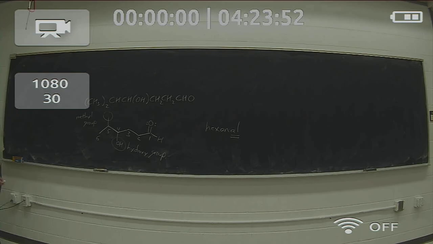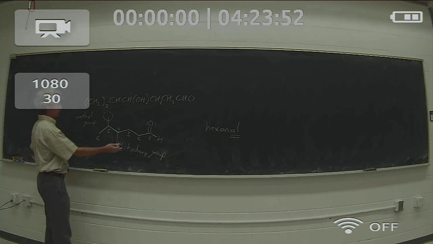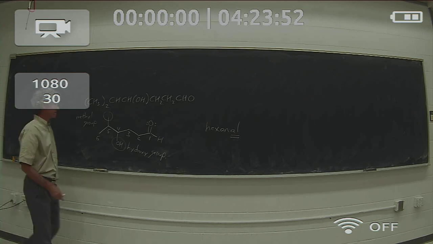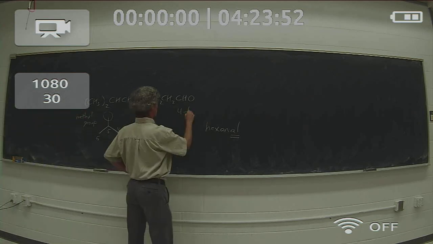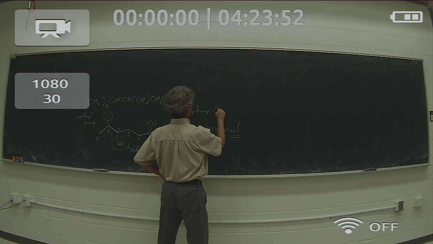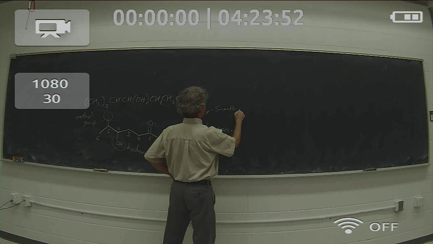We're going to put in front of the hexanal the location of each group, and we're going to put the groups in order by alphabet. So hydroxy, because it starts with H, comes before methyl, and this would be written as 4-hydroxy, 5-methyl, hexanal.